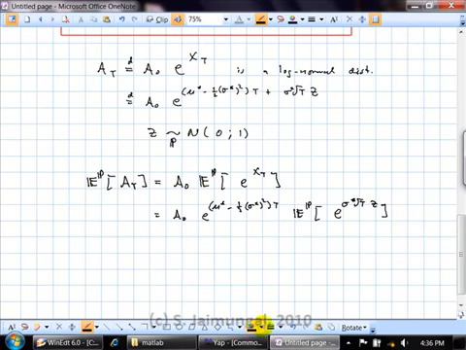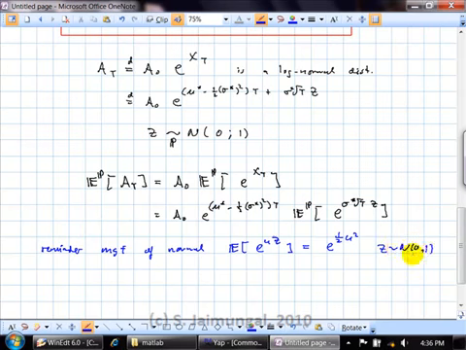So, a reminder, the MGF of a normal: if you take the expected value of e to the uZ, that's e to the 1/2 u squared, if Z is normal 0, 1.